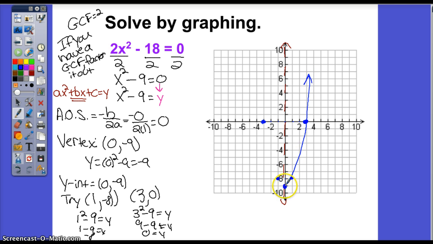My zeros, again, is where it crosses the x-axis, where y equals 0. Remember, we changed 0 to y and vice versa. So I know that when I solved it, my answer is x equals, the first one over here is negative 3, and on the right, it's positive 3.